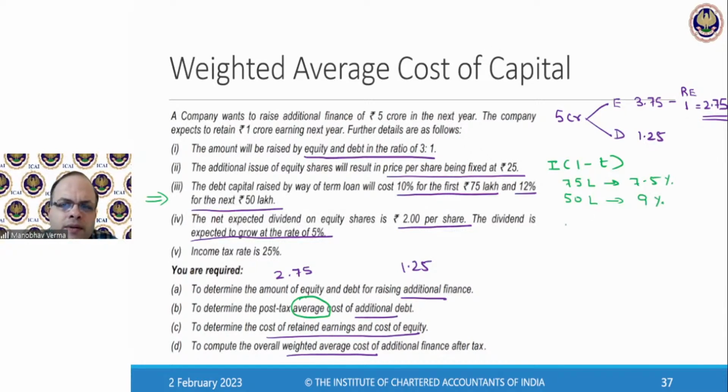So what will be my weightage here? 3 by 5 into 7.5 plus 2 by 5 into 9. How much are you getting, guys? Can anyone do this quick calculation for us? Are we getting 8.1 here or something else? So the answer to point number B is 8.1.